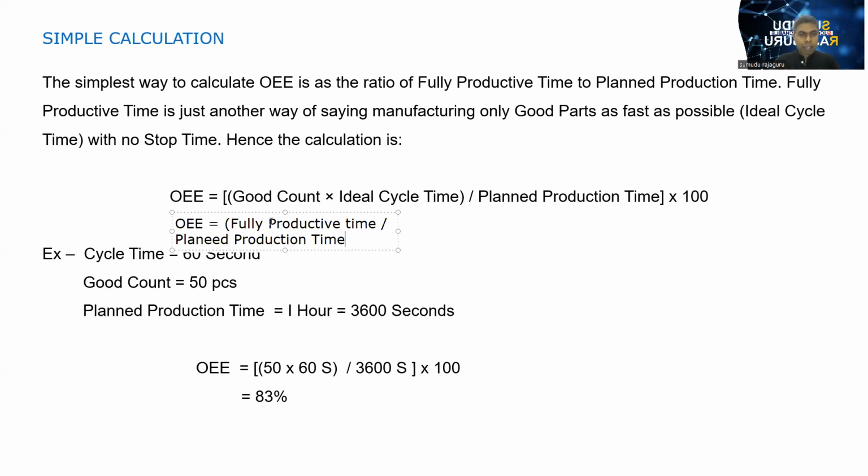Usually we take OEE as a percentage, so we have to multiply by 100. This is the simplest form of the equation.